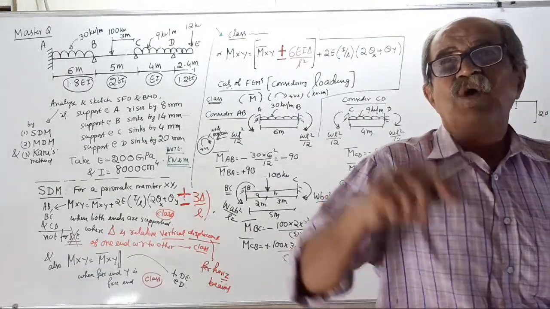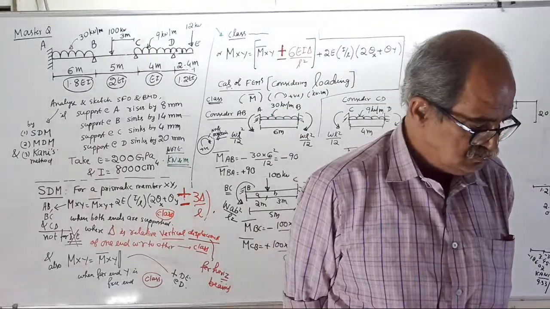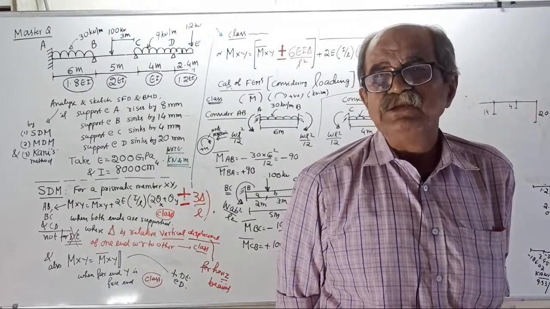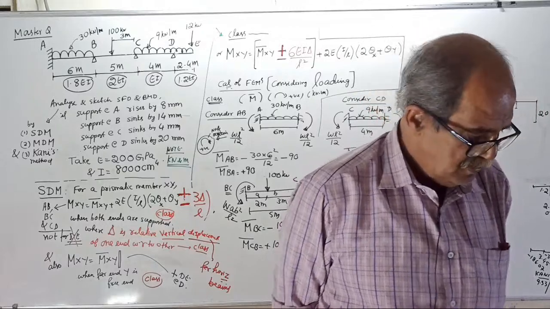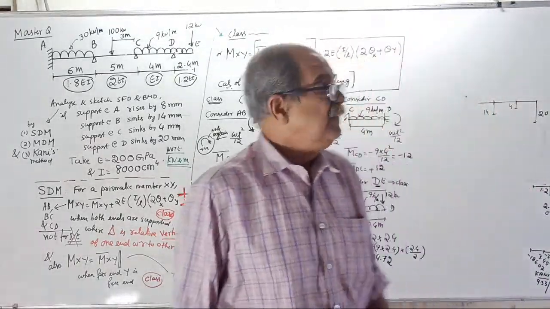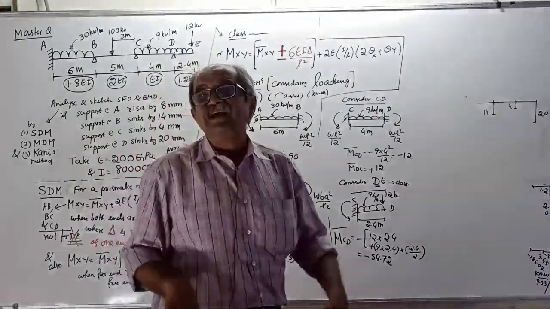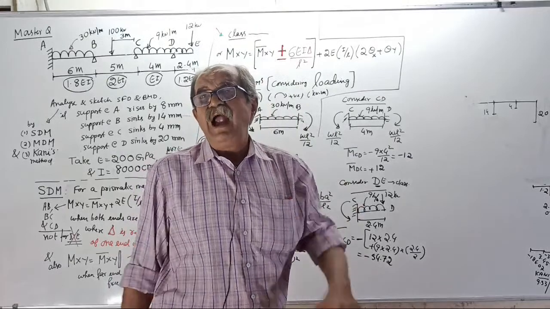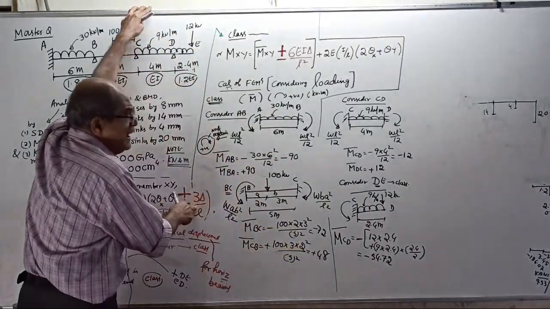For given settlement, delta is known or unknown? Delta is known. Therefore, see, later when you go to frames, there also delta will come. That is because of sway. At that time, delta is unknown. Therefore, it will remain here only.